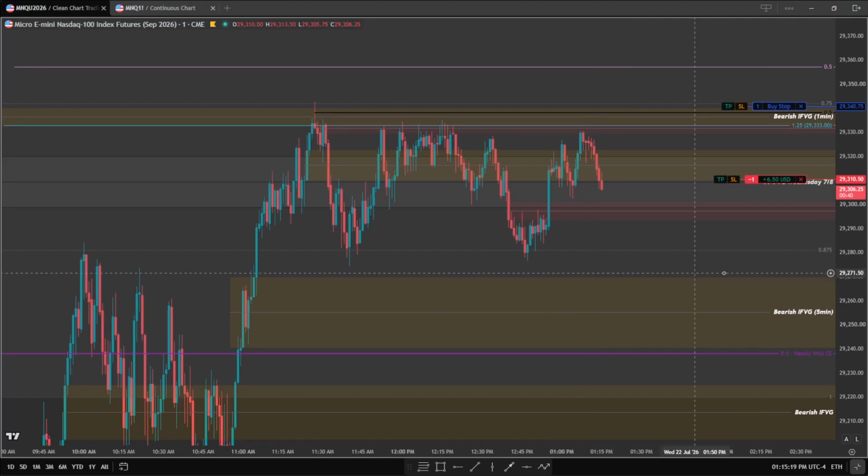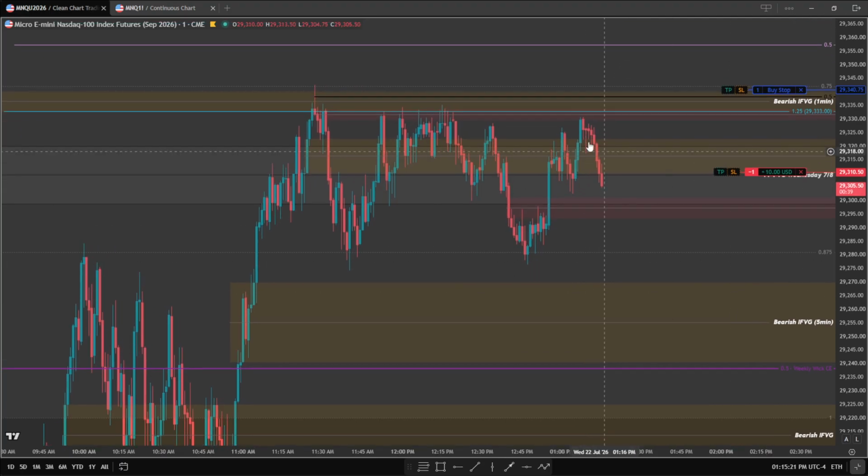This is looking good. Perfect. I like that it popped to that low. Now this should not be an inversion for value gap.